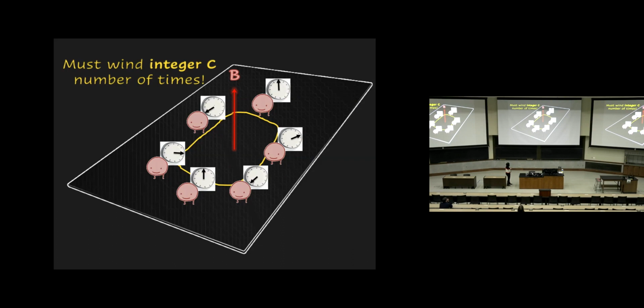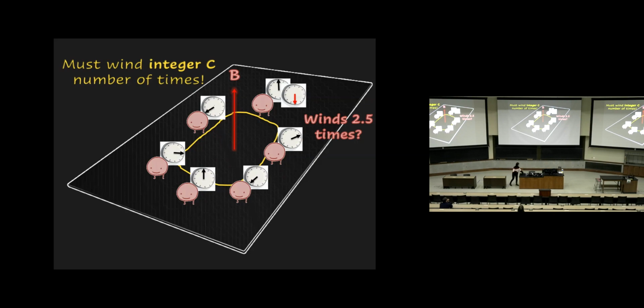Moreover, if you stare at these clocks, it can only wind integer times. Can it wind 2.5 times, for instance? In that case, it means that if you stare at this clock, in this last step, it rotates by a lot, such that it's pointing downwards. Can that happen?